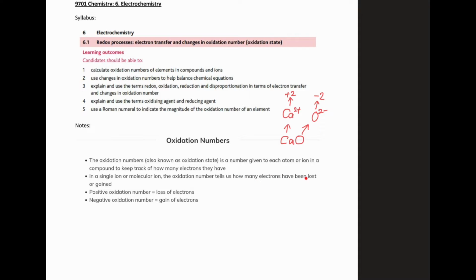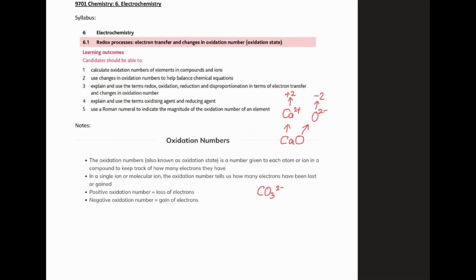electrons have been lost or gained. Let's say for example, a molecular ion. Let me give one example here, carbonate, CO3 2 minus. You can see the charge here is 2 minus.